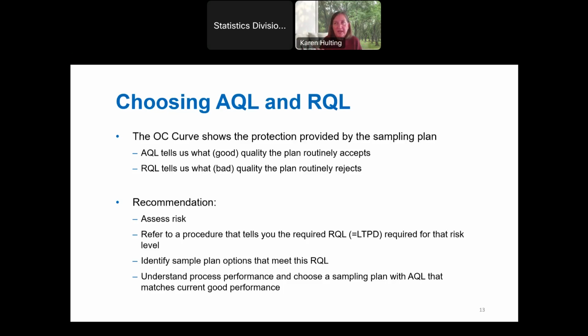There's going to be accept on 0 sample plans. There's going to be accept on 1, 2, 3, 4 attribute acceptance sampling plans. There's going to be variables acceptance sampling plans. There's going to be single and double plans, right? There's going to be a whole menu of potential acceptance sampling plans. That's what you're going to need the bigger book for, because we're not going to go through how to determine which of those kinds of plans to use.